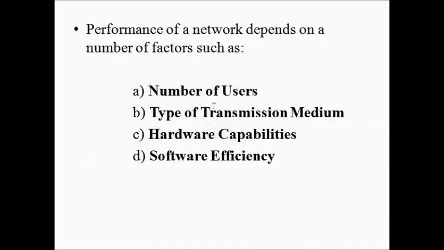Now the performance of a network depends on a number of factors. The first factor is the number of users, how many people are using a particular network at a particular time. Sometimes when too many people are visiting a certain website, the response becomes slow.